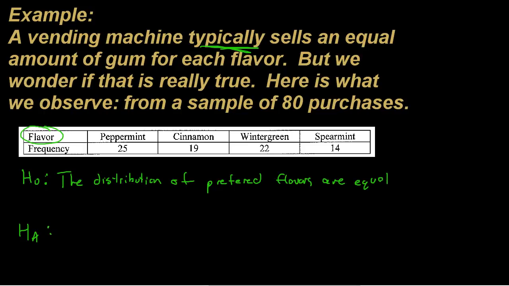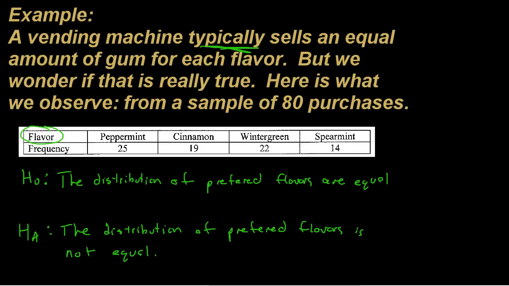And the alternative would be very, very simple. The distribution, so notice there are no symbols here at all, the distribution of preferred flavors is not equal. You don't have to mention any particular flavor by name. You just have to mention the fact that they're not the same.